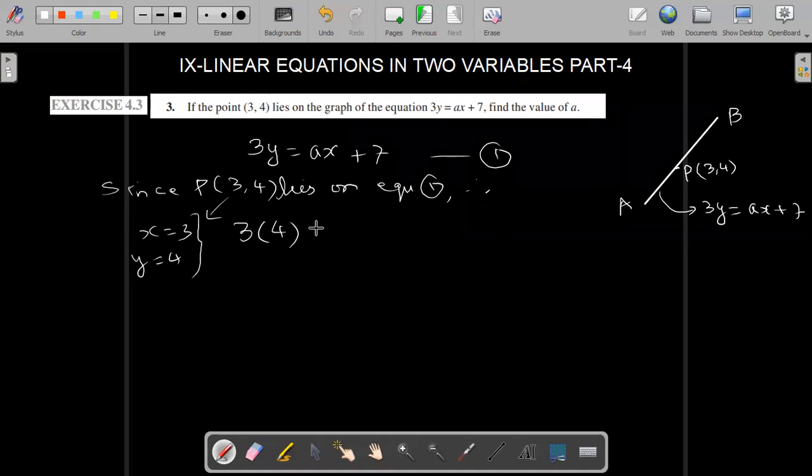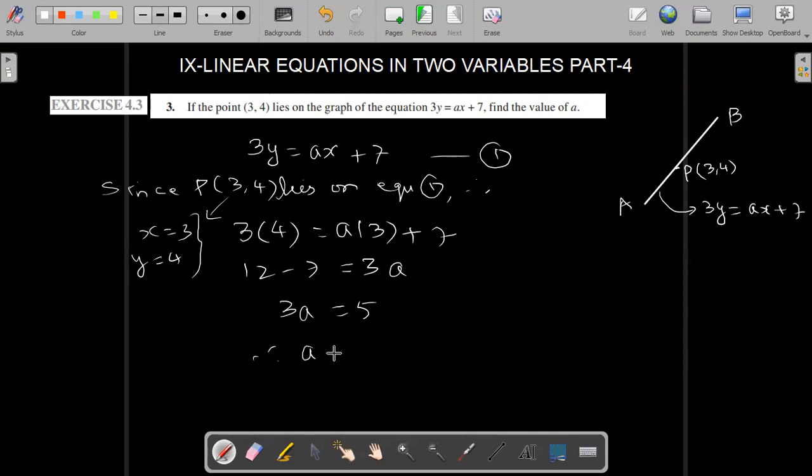So 4 = 3a + 7... 3 fours are 12, so 12 = 3a + 7, this 7 will come to the left side, we get 3a = 5, correct? 3a = 5, so therefore a = 5/3 is your answer.